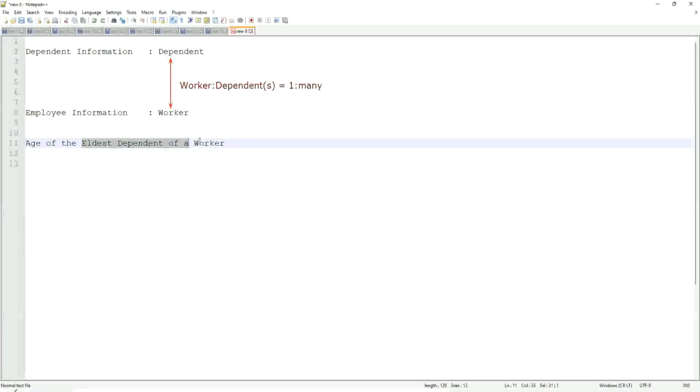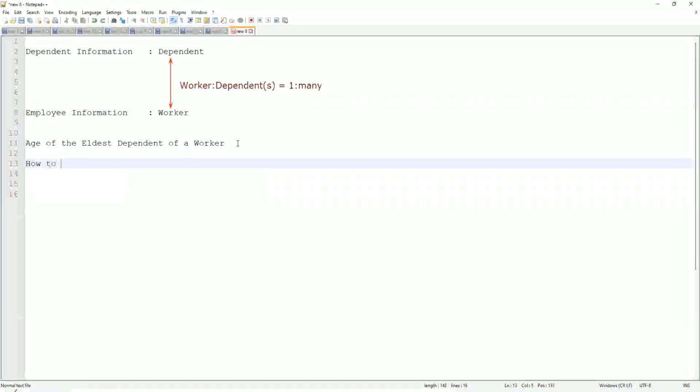Now, the eldest dependent. One worker may have many dependents. When you have multiple dependents, how do you find the eldest dependent? Based on what? Based on the age. Based on the age of the dependent.